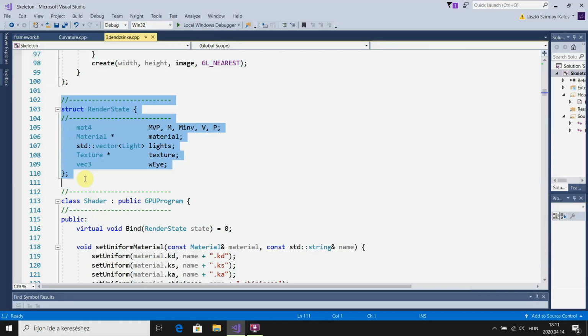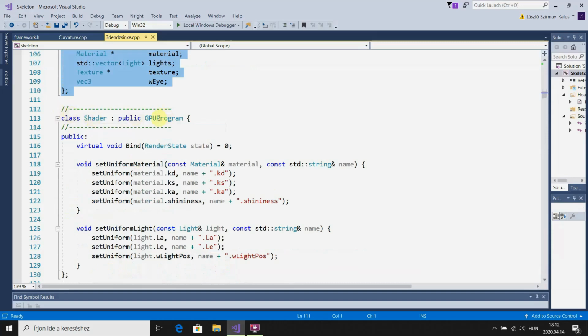In order to resolve this problem, we introduce this render state, which can be filled up by geometric objects depending on their internal parameters, and the shaders will use the information stored in this render state, and only that part of the render state will be fetched which could be used as uniform parameters of a particular shader.